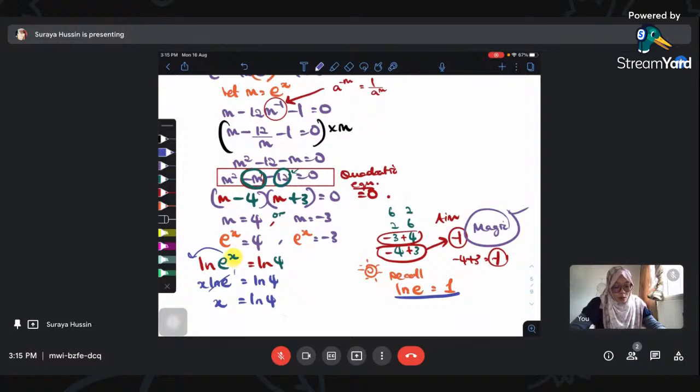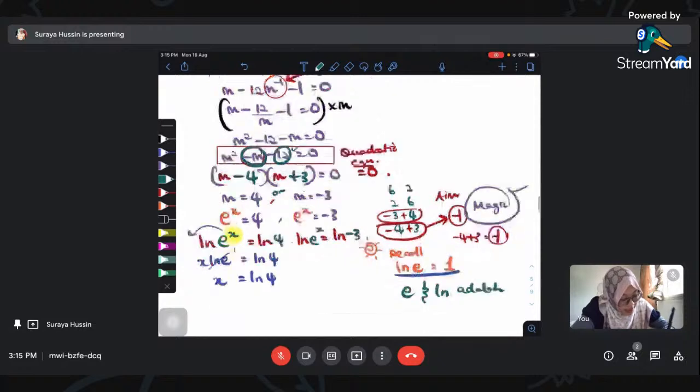Tapi jangan letak hashtag dulu, confident je. Jangan letak dulu, better not to put it first. And then ln both sides again. So dekat sini, when you put ln both sides, kenapa saya put ln tau? Bukan log. You gotta know, E dan ln adalah adik-beradik.